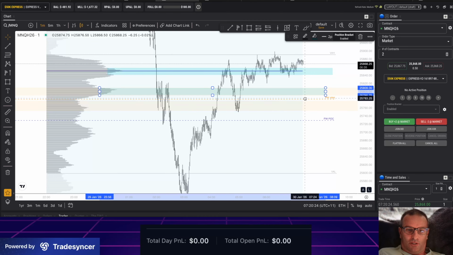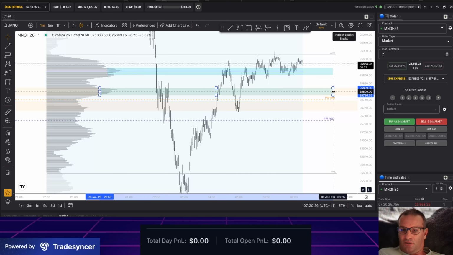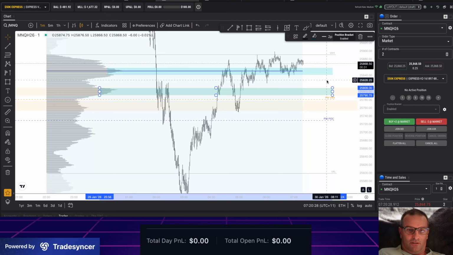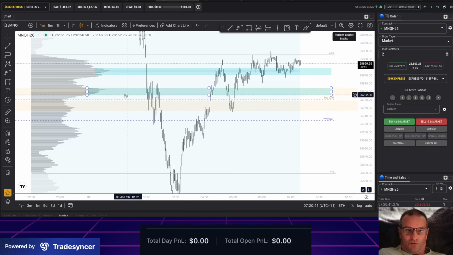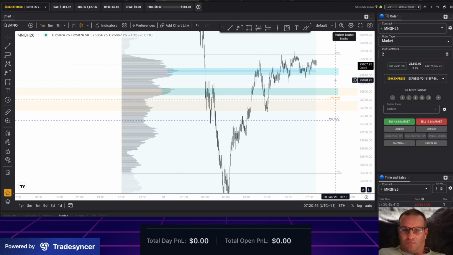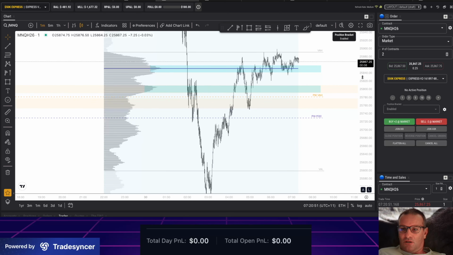The previous week low volume node is lining up here with a high volume node. So that's a dual confluence there. And we could say a triple if we are entering somewhere around here. So we've got this big, it is still significant volume in here, but it's lower volume obviously than these ones.